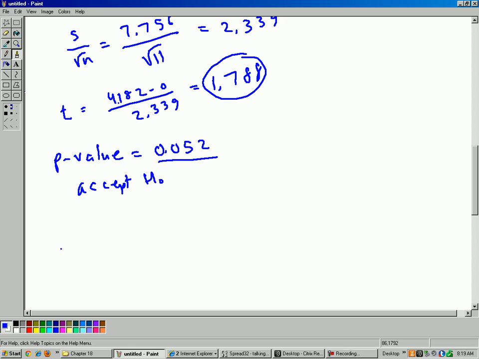So the bottom line here is, without the outlier, the evidence is weaker, because the lower the p-value, the stronger the evidence. In this case, without the outlier, our p-value got higher, so it means weaker evidence.